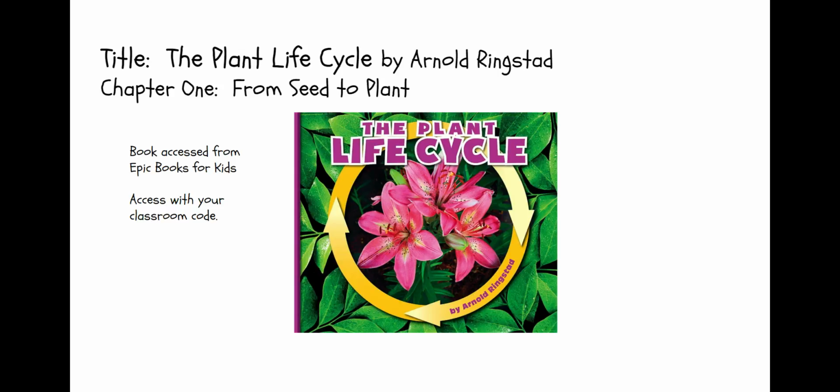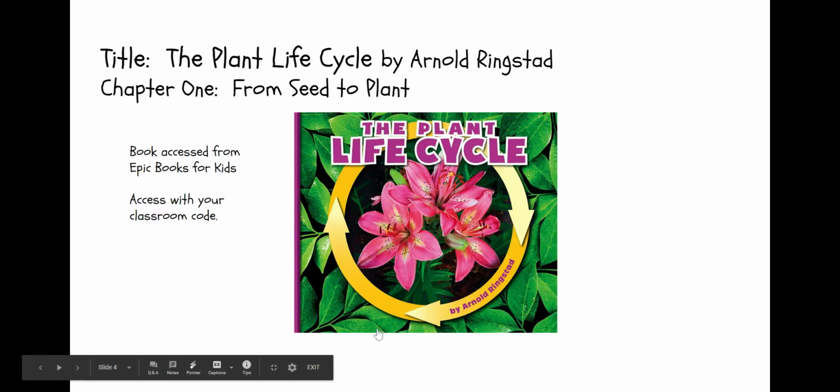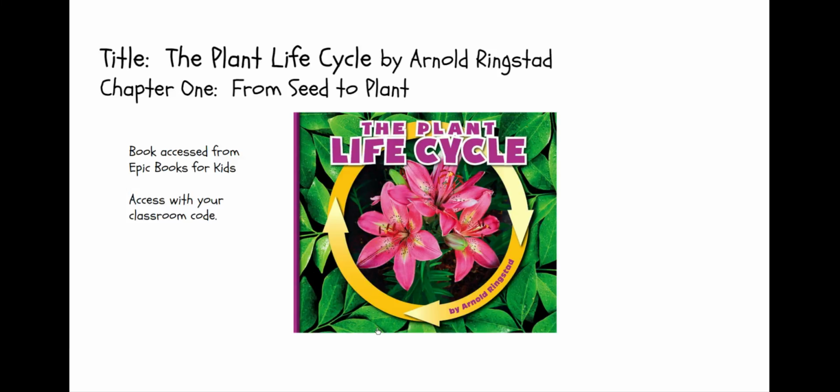I'm going to read chapter 1, From Seed to Plant. This book was accessed from Epic Books for Kids. You can access books with your classroom code. I'm going to pull up the book.